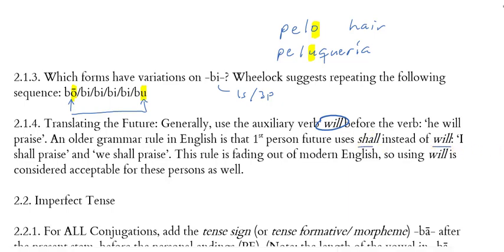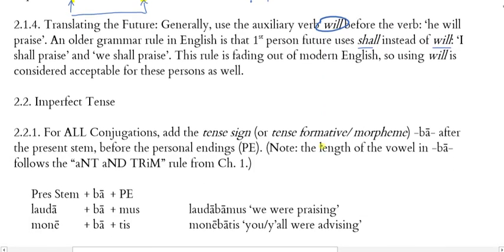So, in an older form of English, we were told it was proper to say I shall praise rather than I will praise, and we shall praise rather than we will praise. But this rule is fading out in our modern English, and so saying I will praise and we will praise is considered acceptable for the first person now. So I will not quibble if you use the will forms there.